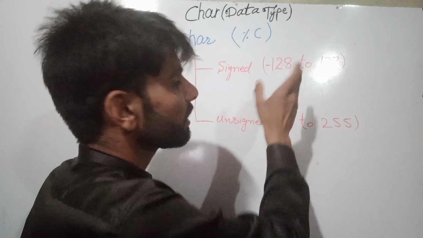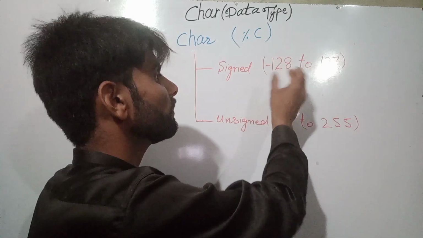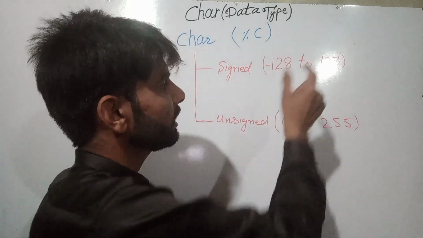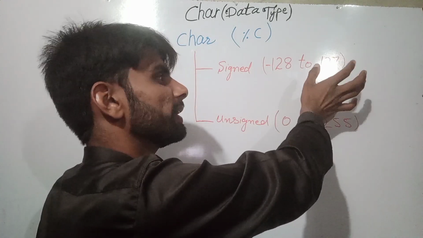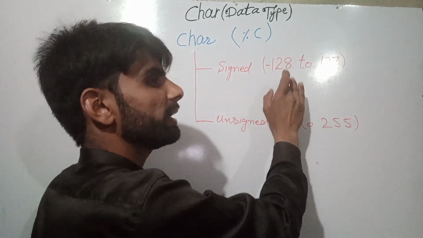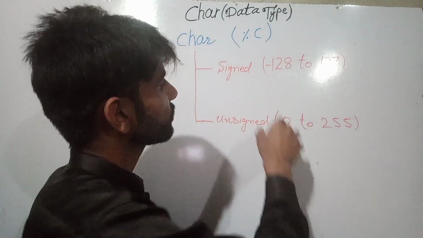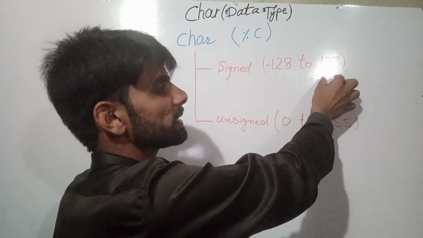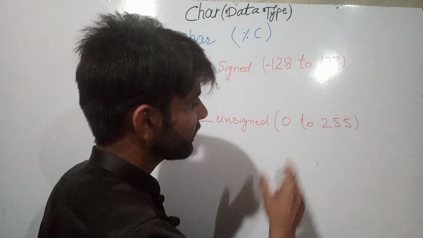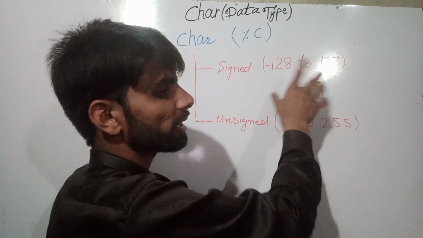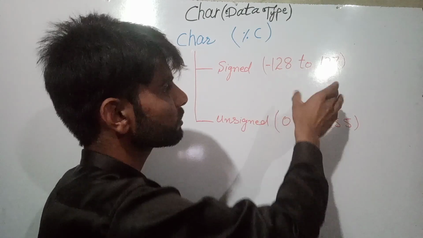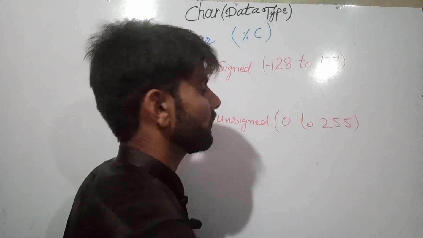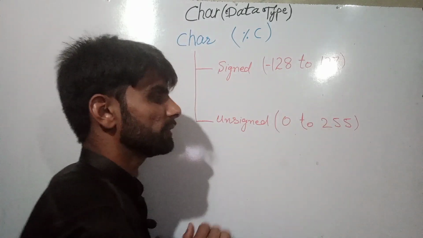All are equal in negative values and positive values. Here 0 is included, that's why it is 127, and here it is not included, so that's why it is 128. And for unsigned, all the values are positive, and these become 255.